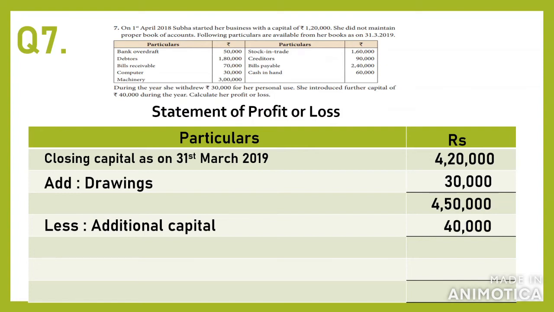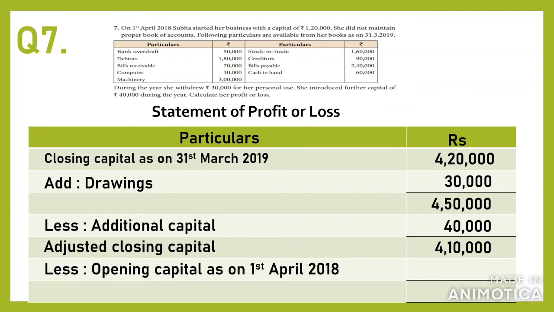So if you reduce 40,000, you get to the adjusted closing capital, which is 4.1 lakhs. And from this, you need to reduce the opening capital. If you reduce the opening capital as on 1st April, which is 1.2 lakhs, you will get to the figure of 2.9 lakhs, which is nothing but profit for the year.